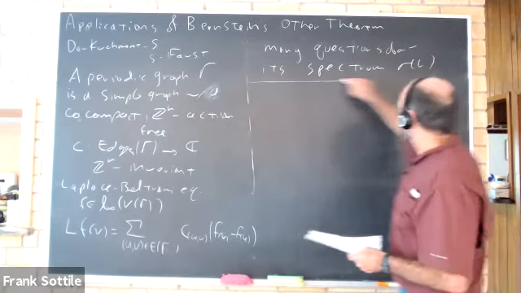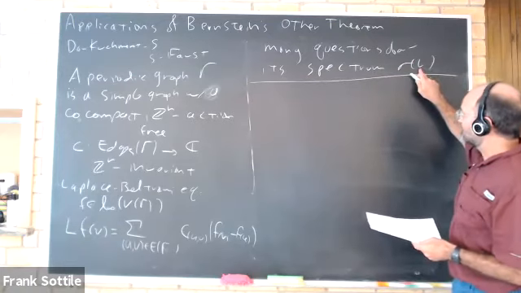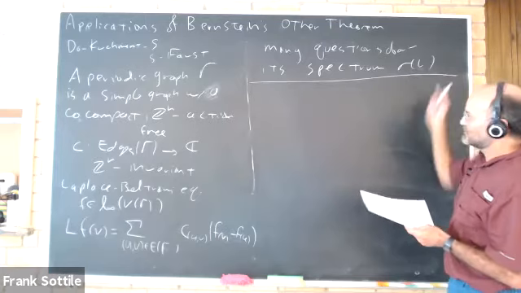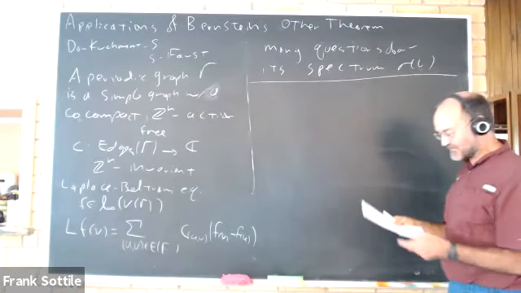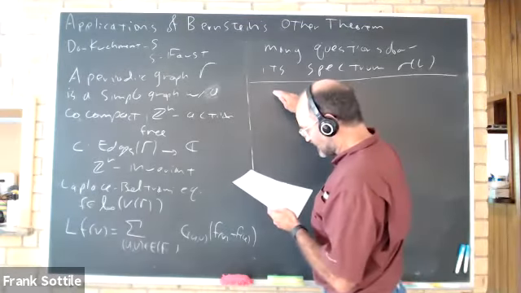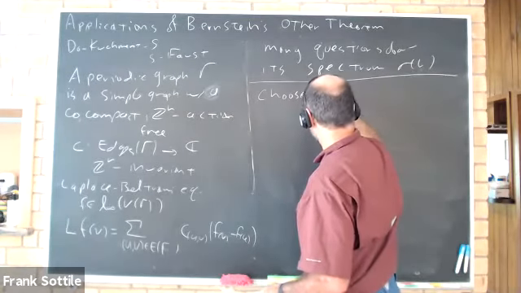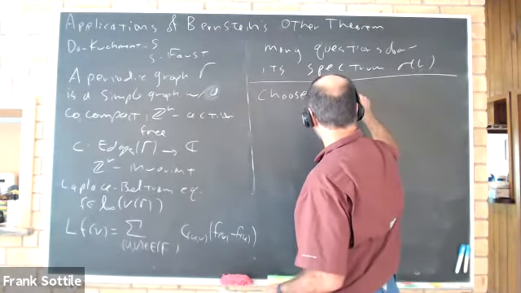But before I get to what that question is, I need to do a little bit of math. I'm going to do a Fourier transform. So first of all, you want to choose, or I've chosen, a fundamental domain of this free action.